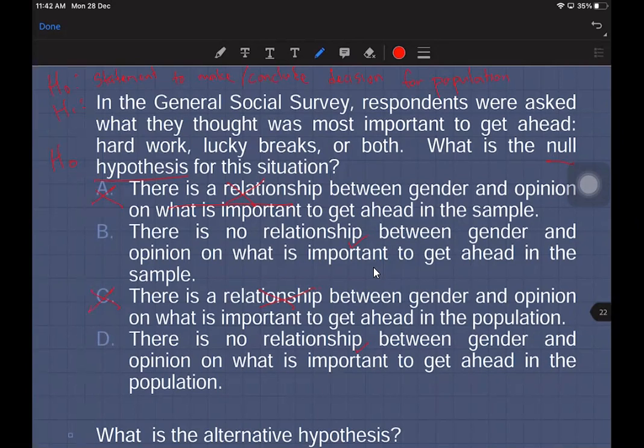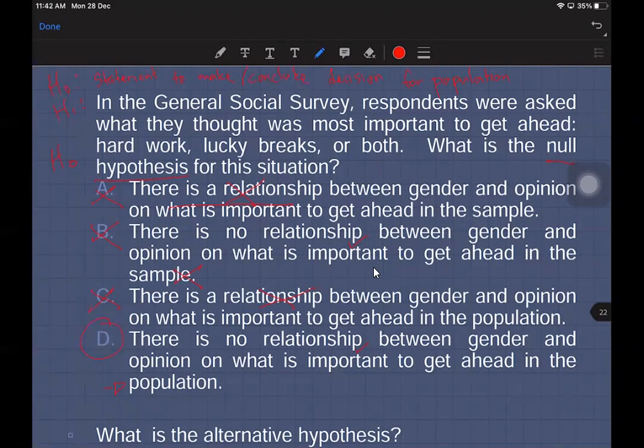Remember, hypothesis testing is under inferential statistics. Inferential statistics is about generalizing, or making conclusions about a population. So if you talk about a sample, this is wrong. Look here, D: there is no relationship between gender and opinion on what is important to get ahead in the population. So the answer is D, because it is referring to the population.